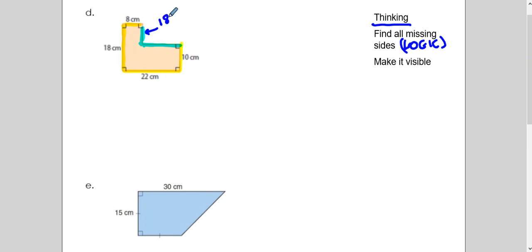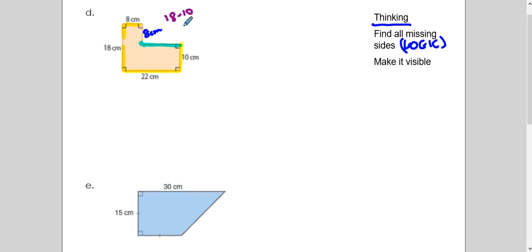So that missing side has to be 8 centimeters. So I'm going to put 8 centimeters here. And then I'm going to move my thinking out a little bit farther. So this has to be 8 centimeters here. The reason it's 18 minus 10, that's what I used.